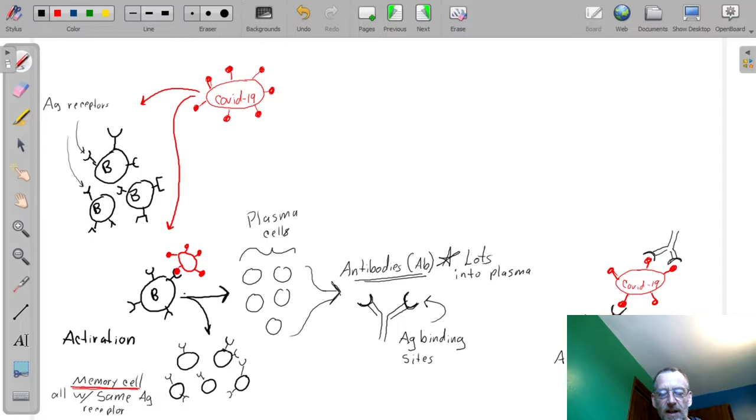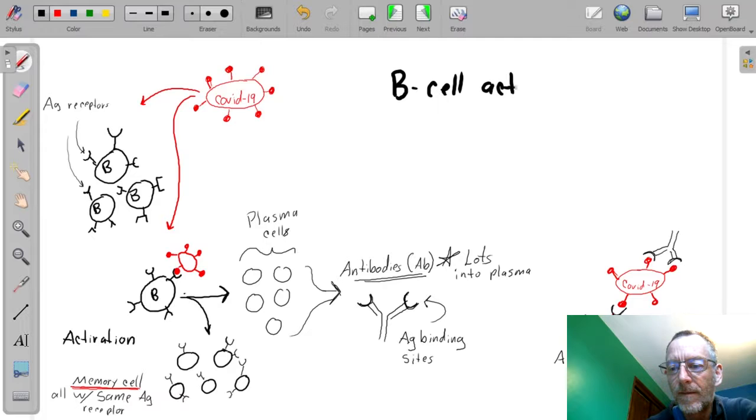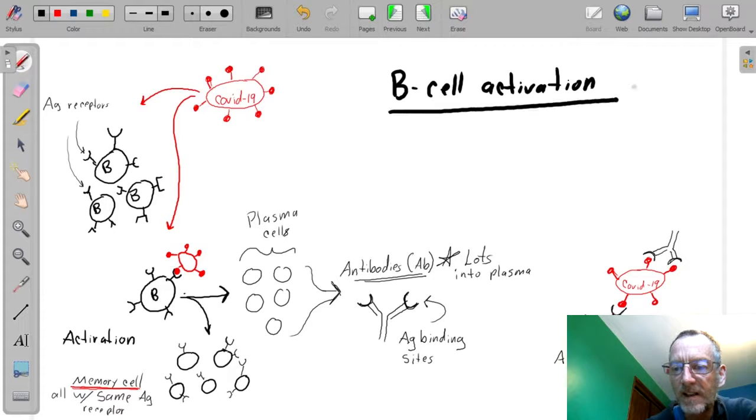So that's the story of B cell activation. I hope that it makes sense. So just to review, lots of B cells, all naive, never having seen a particular pathogen.